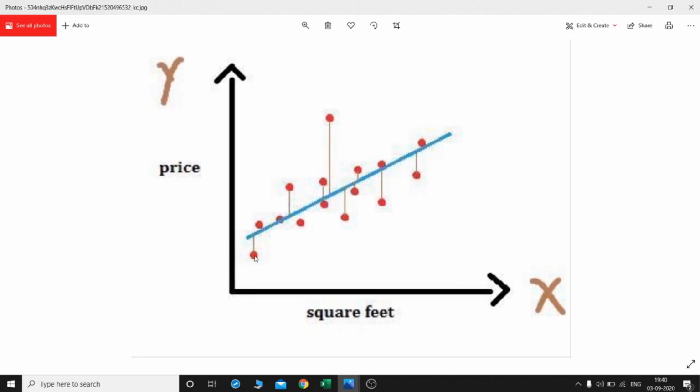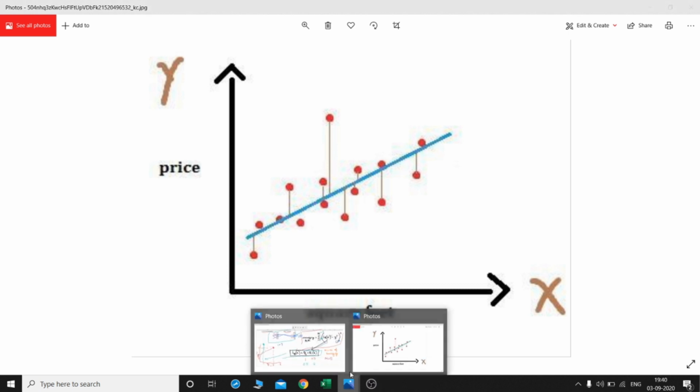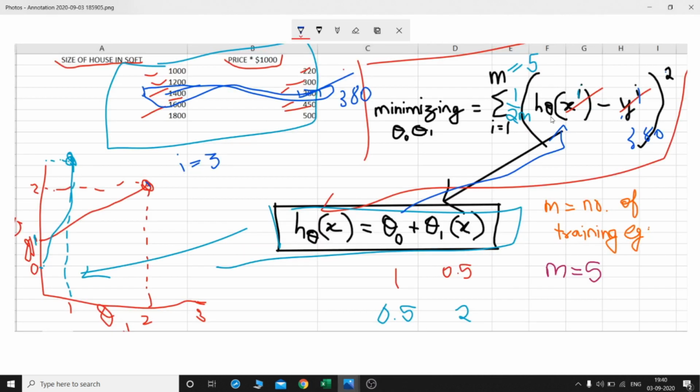So this is the linear regression line, and these are the points. Once you have plotted these many points here, you will be finding the difference between the values. That is what I said here, right? So h theta of x minus y.